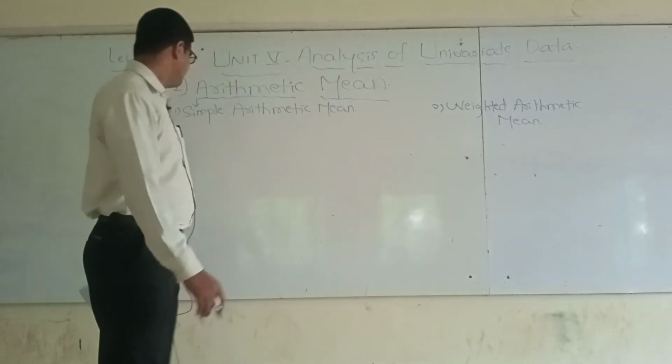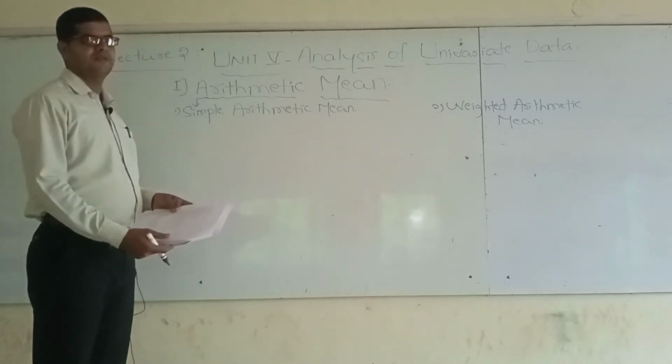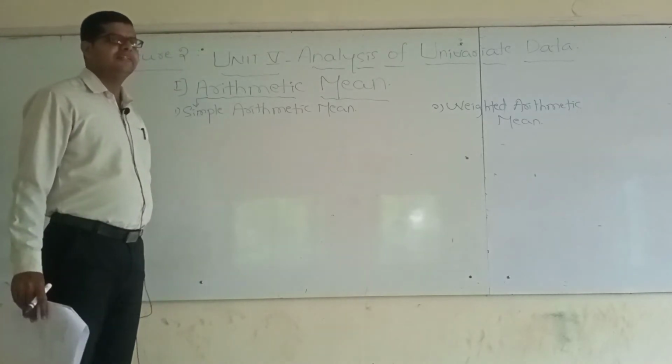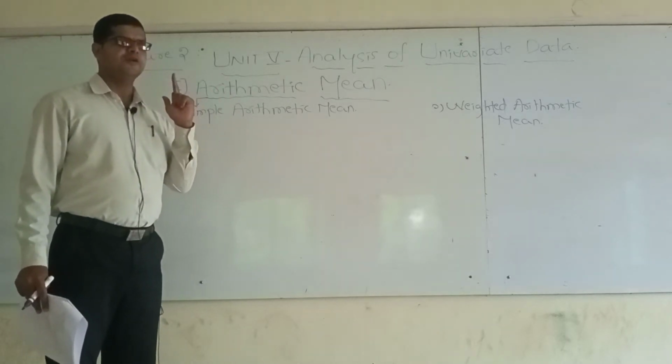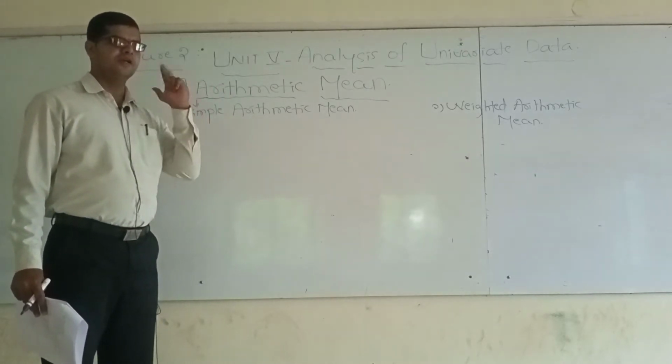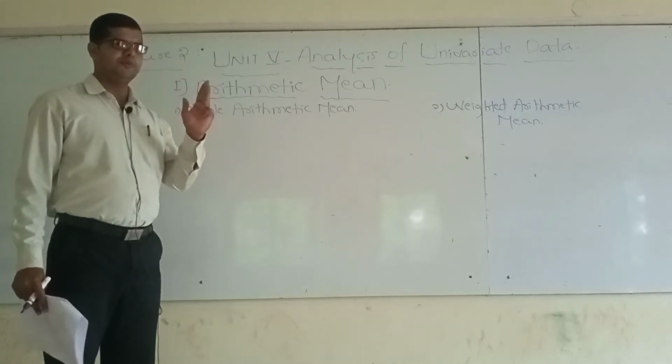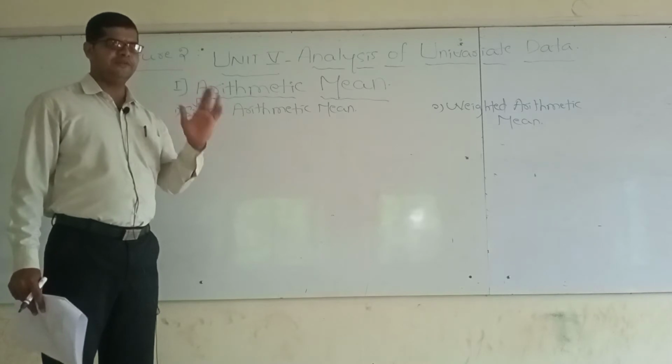So try to remember, we are discussing types of averages. There are 5 types of averages: arithmetic mean, median, mode, geometric mean, harmonic mean. All these are types of averages.